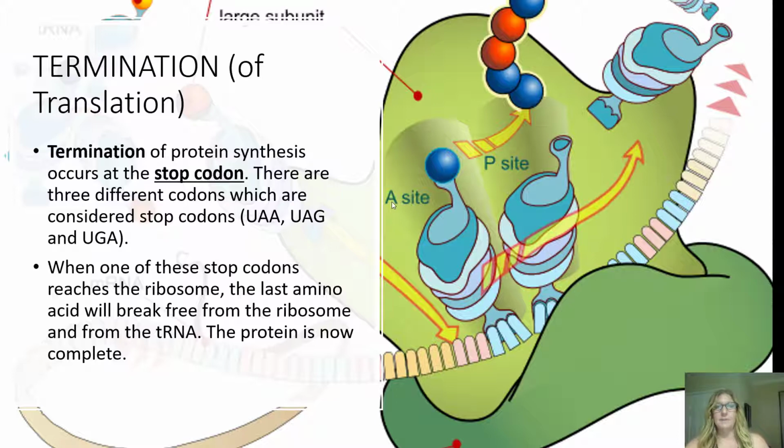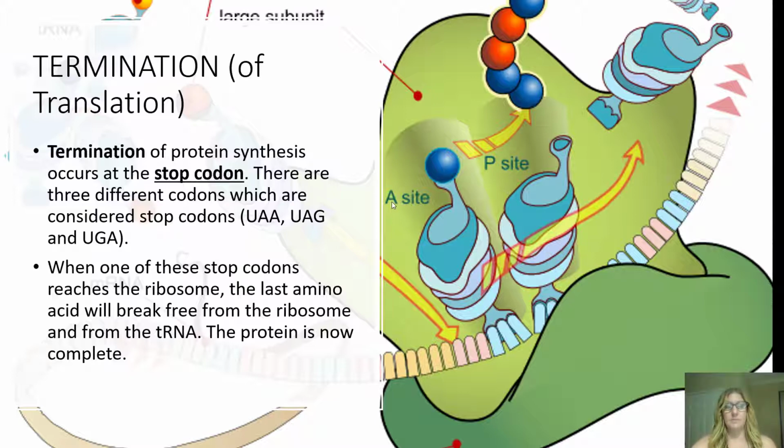Once the amino acid sequence is done, then we must terminate the process. This is also done with a sequence. This sequence is called the stop codon. There are actually 3 different codons that are considered stop codons, and these are UAA, UAG, and UGA.